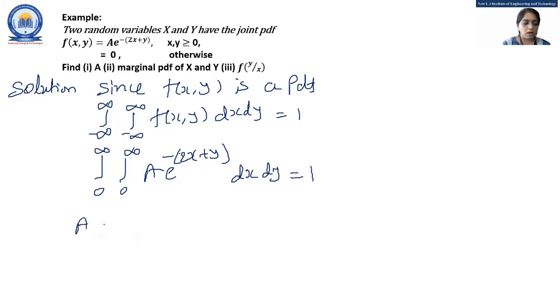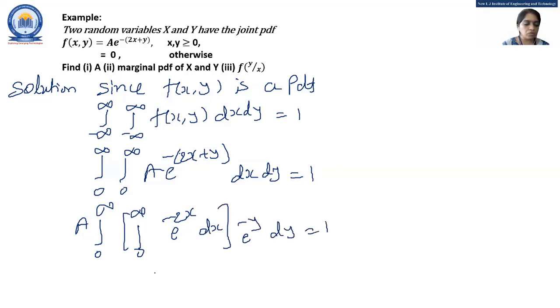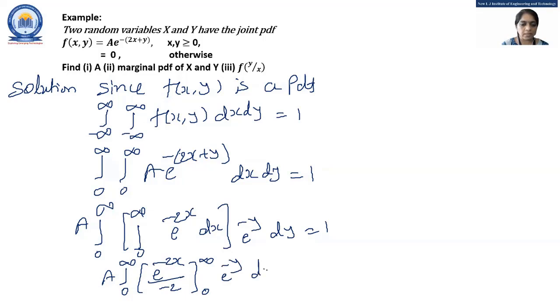So if I keep a out of the integral, from 0 to infinity, the integral of e to the power minus 2x dx times e to the power minus y dy is equal to 1. So a times the integral from 0 to infinity is e to the power minus 2x upon minus 2, limits 0 to infinity, e to the power minus y, keep it the same, dy is equal to 1.